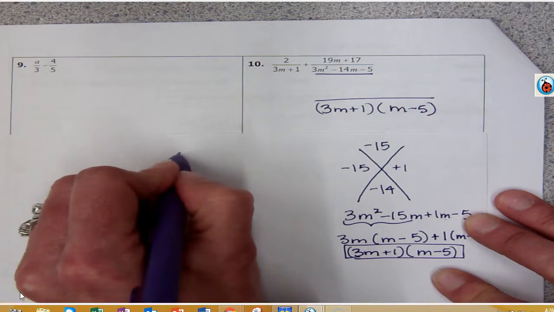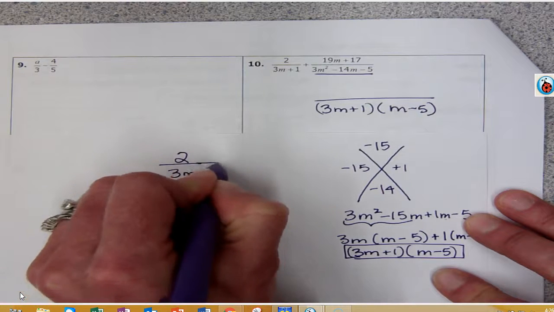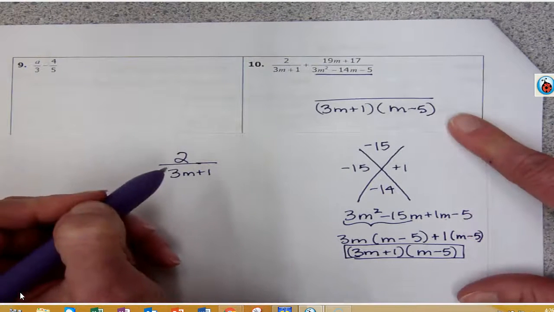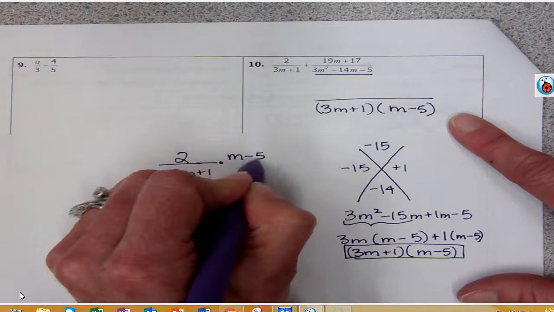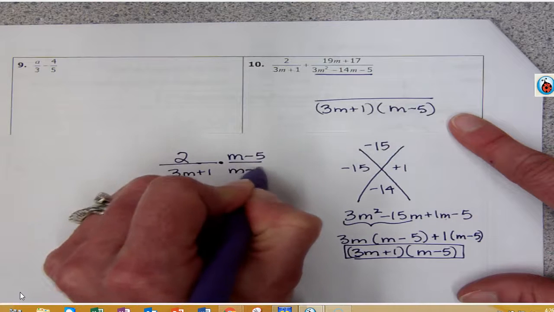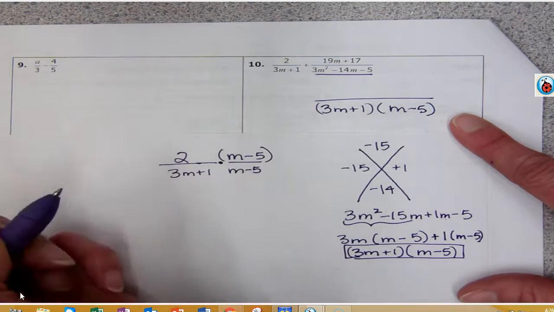So when I'm left with 2 times 3m plus 1, to get this common denominator, I'm going to multiply by m minus 5 over m minus 5. And I'm left with 2 times m minus 5.